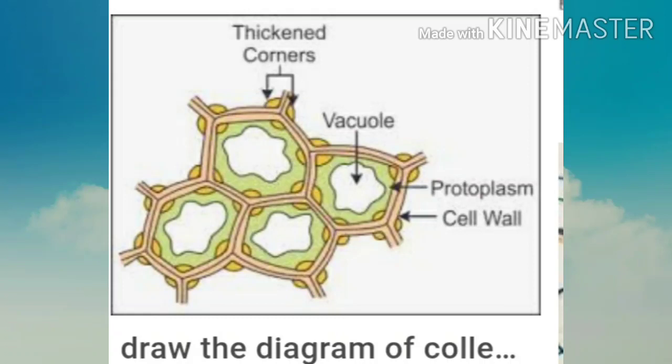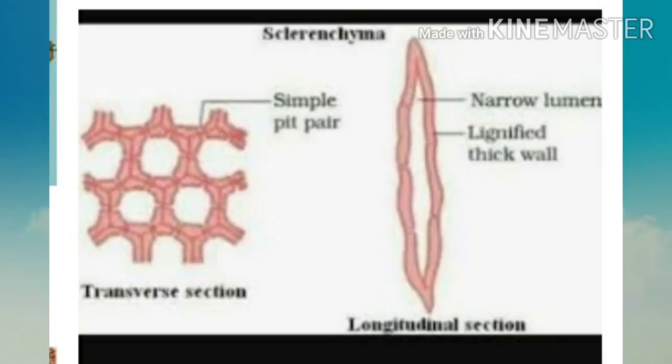Now next, sclerenchyma. Structure or characteristics of sclerenchyma. Cells are long, narrow, thick-walled cells. Intercellular spaces are absent. It consists of dead cells at maturity. Next, location.